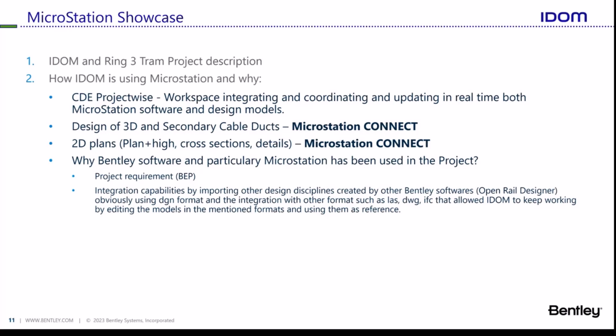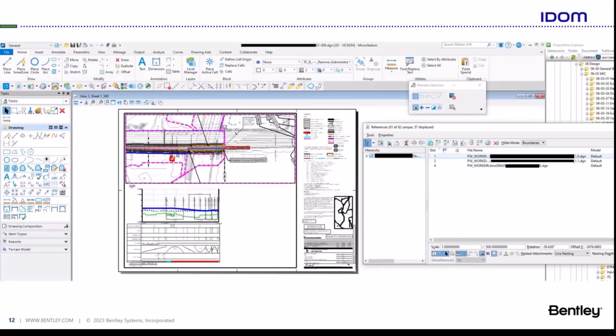I think we can switch now to the example pages that you sent. Yes. And you tell us a little bit what we can see here. In this slide, we have the opportunity to see how the different references in MicroStation work. We have a 2D plan for the main track, and below we can see a longitudinal profile.